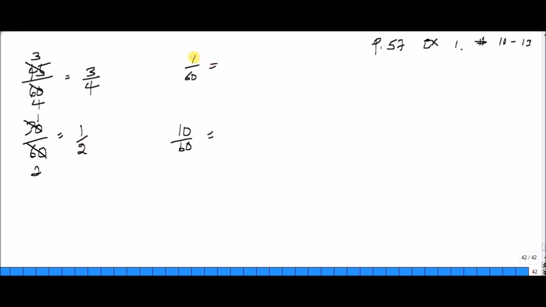What about 1 over 60? 1 into 1 one time, and 1 into 60 60 times, so it's 1/60th. And 10 into 10 one time, and 10 into 60 6 times, so this would be 1/6.